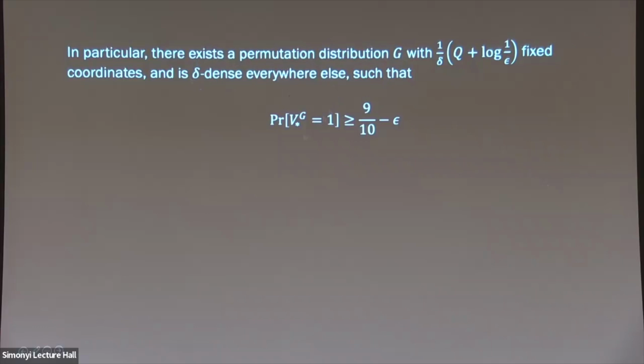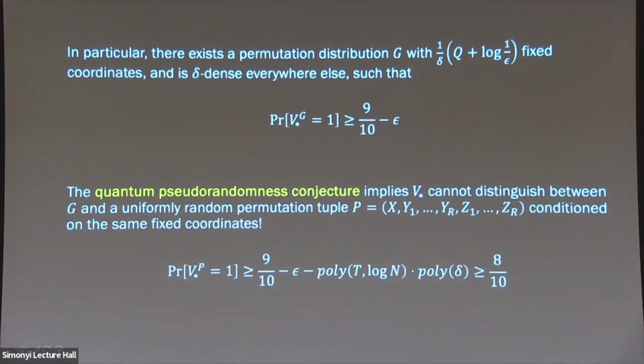It's delta dense everywhere, and V star will accept it with probability 9/10 minus epsilon. And now we can throw this at the quantum pseudorandomness conjecture. We can just replace dense with uniform. So this query algorithm V star is just querying some permutation that's uniform everywhere except for some parts of the permutation are fixed. And it still accepts with high probability, let's say 8/10.